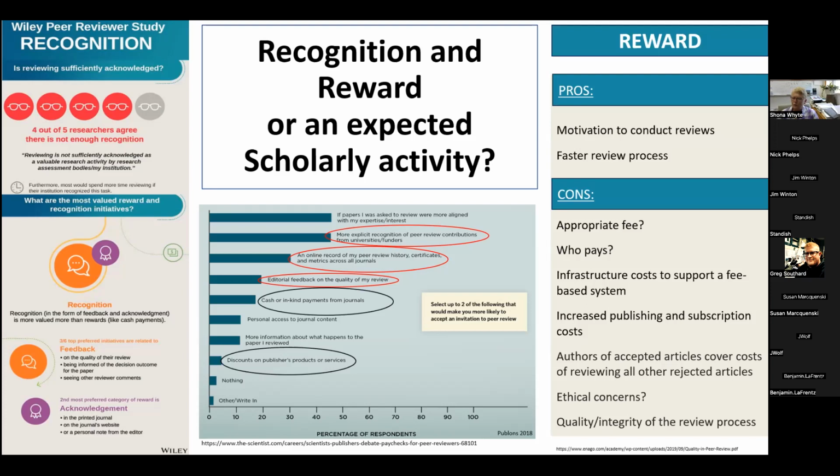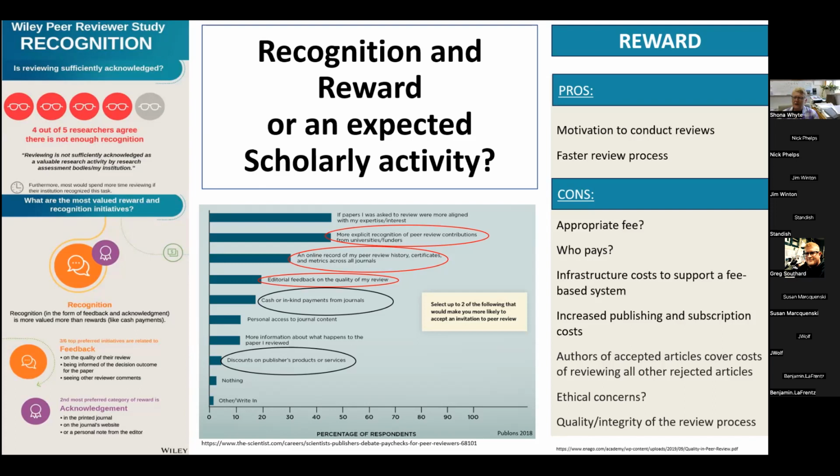The other thing is reward, and you can see there that's highlighted in black, about being paid for doing the review, or having some kind of kickback or discount from the journal on services or products. The pros in that are that it motivates individuals to conduct reviews, and it would probably increase the speed of the review process.